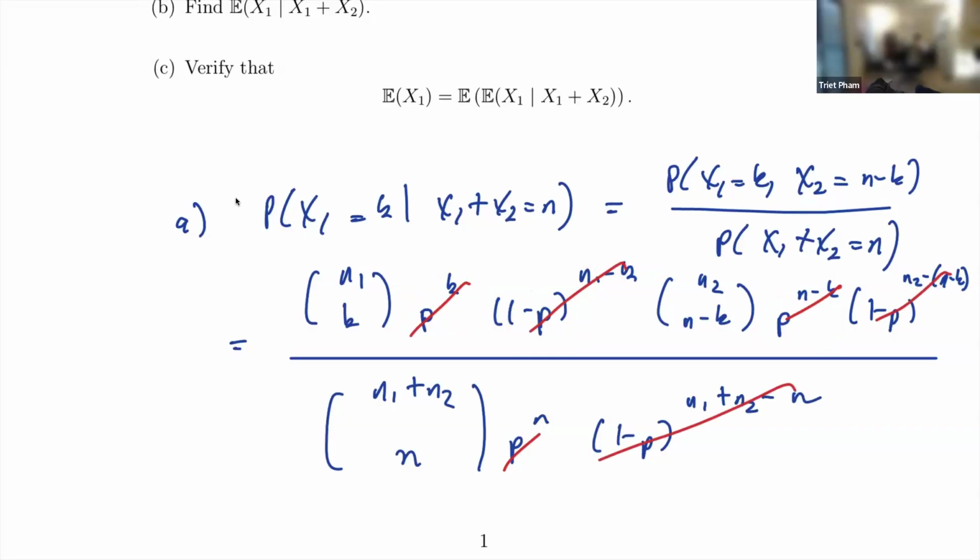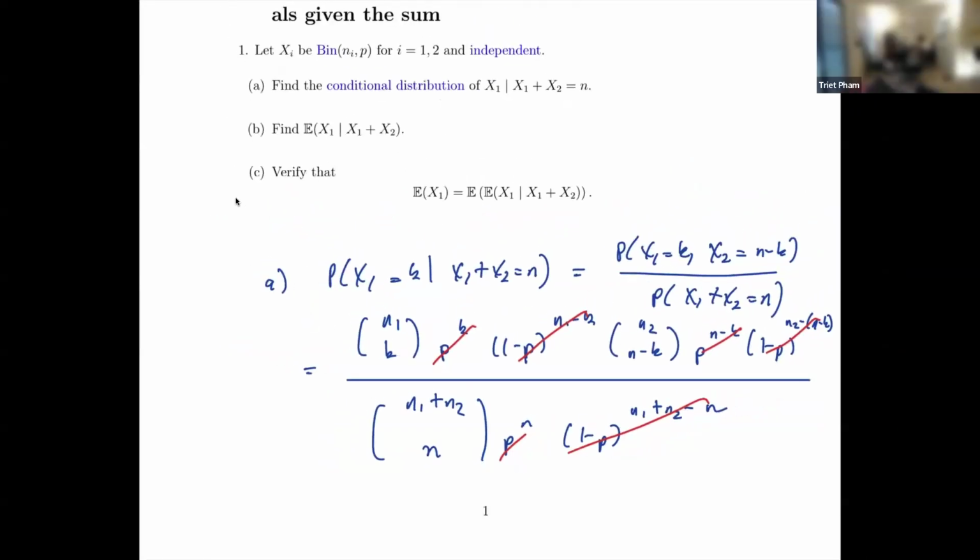And that's it. The combinatorics actually doesn't do anything. There's no reason to expand the combinatorics. So that's kind of it. But we want to go further. We want to recognize what this is. Is there any well-known distribution that has a mass function like that?